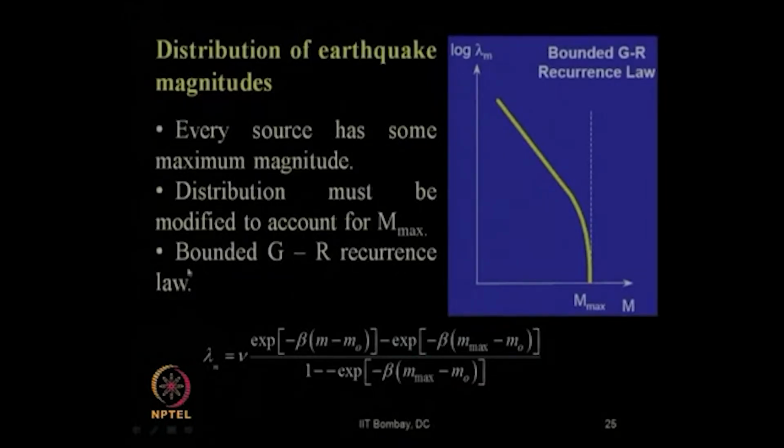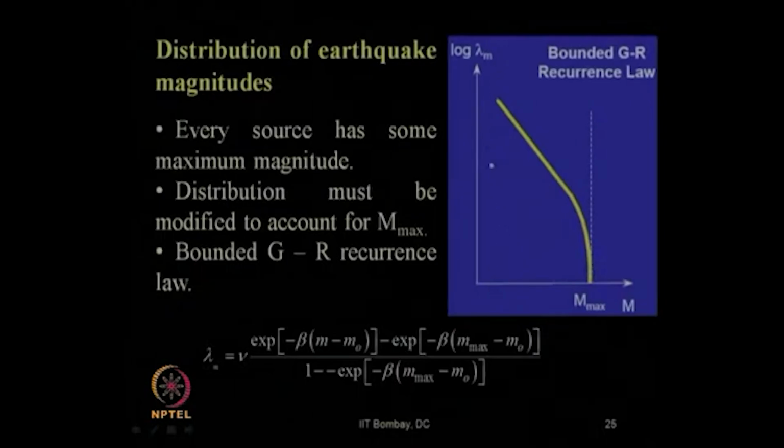Why is it called bounded? Because we are fixing that law at the maximum value, say m max, which is responsible for a particular site. Is it clear? So, instead of this equation linearly increasing at any value of m, we have to bound it at some maximum value, so that beyond that value this equation is not applicable. So, that is the applicability of the maximum magnitude.